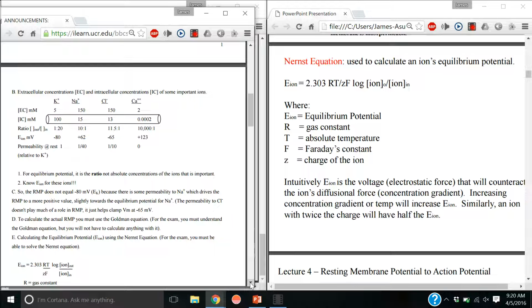And so the resting membrane potential is driven slightly more positive than minus 80 towards minus 65 millivolts, because that slight permeability of the membrane to sodium will drive the membrane potential in a more positive direction. Okay. So that's the short answer on resting membrane potential.